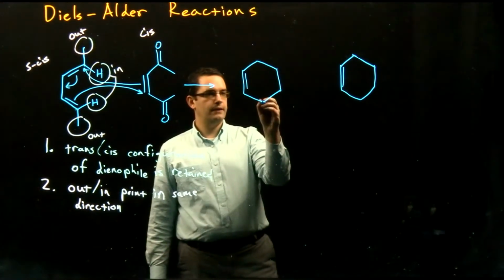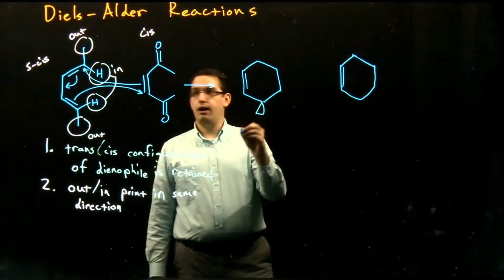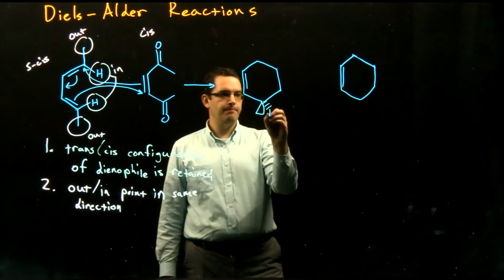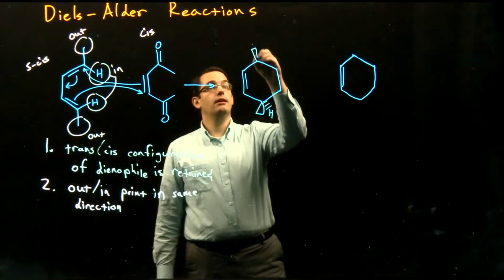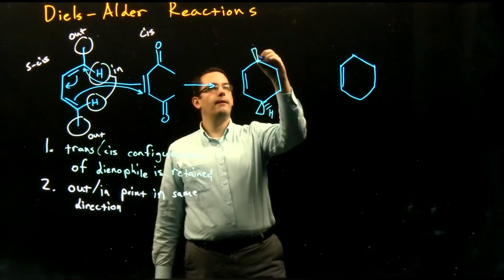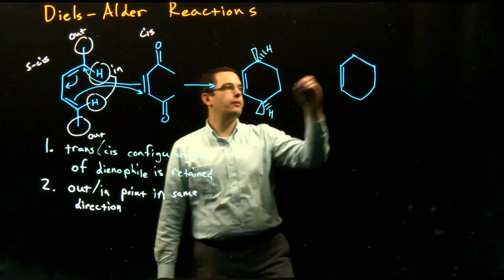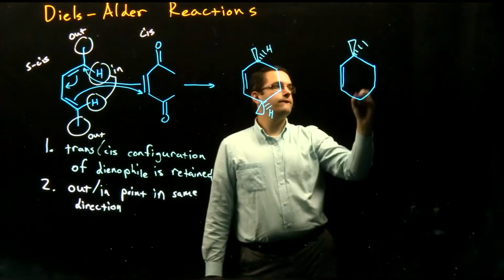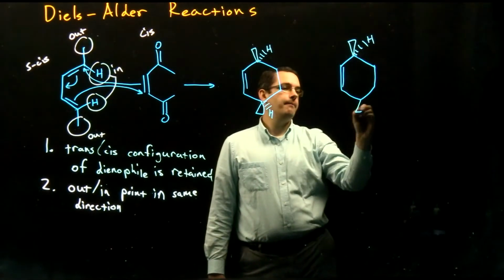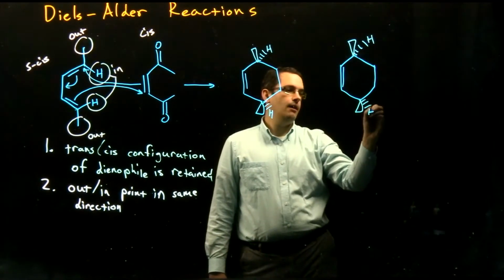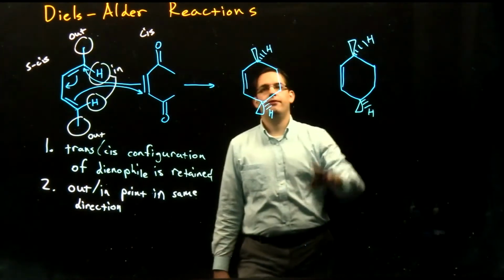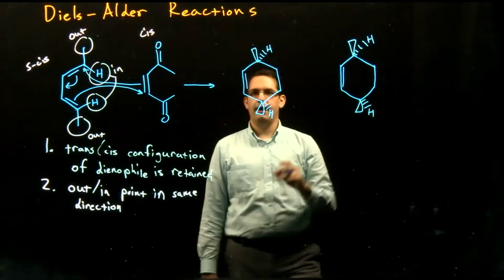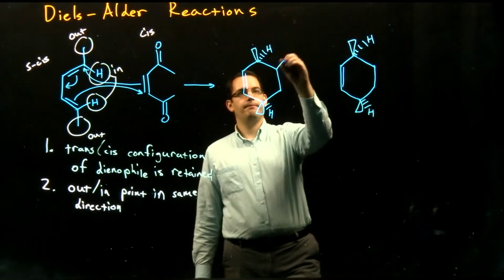So I'm going to show this. I'm going to draw our diene groups pointing in the same direction each time. So I'm going to have the out groups pointing up and in groups pointing down. And then from there, I could have my dienophile groups going up with my out groups, or going down with my in groups.